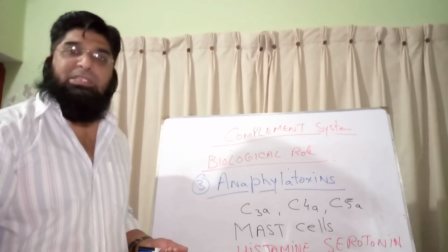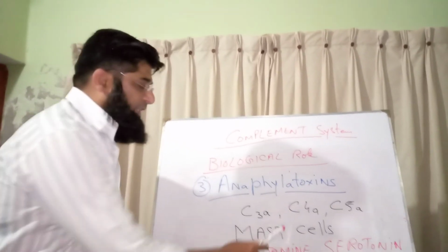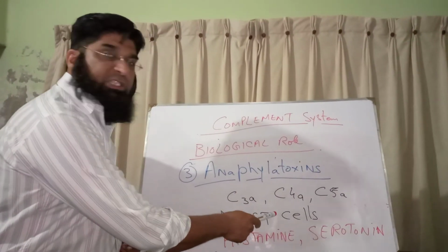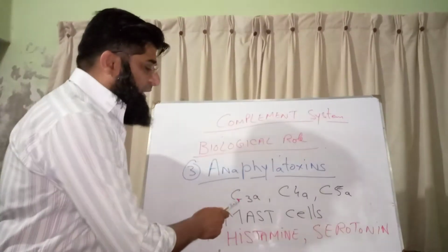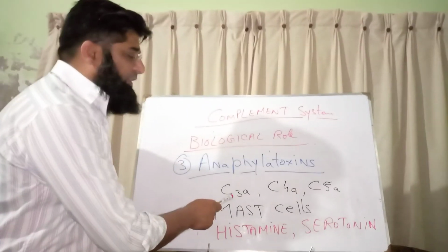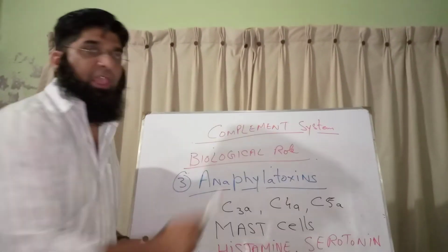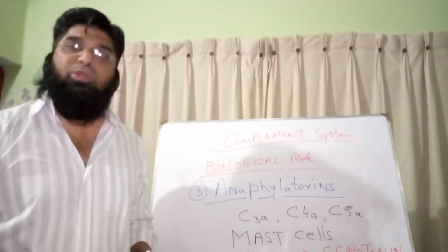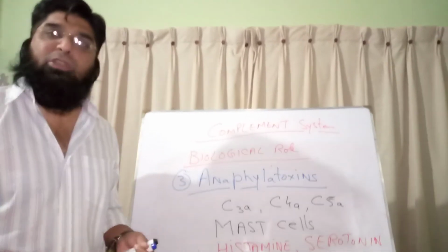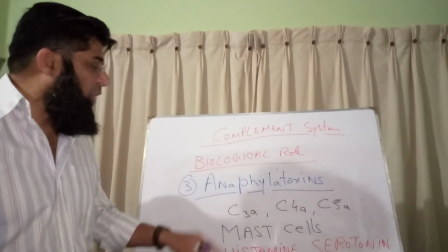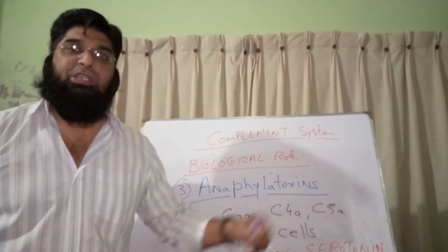How are mast cells destabilized? These mast cells are destabilized by complement proteins C3a, C4a and C5a. Now students, what is the effect of release of anaphylotoxins in our blood?